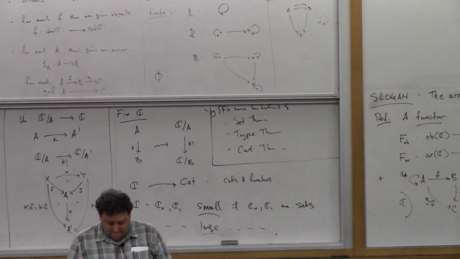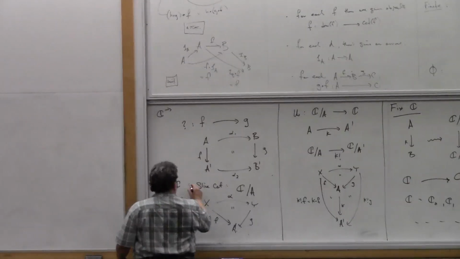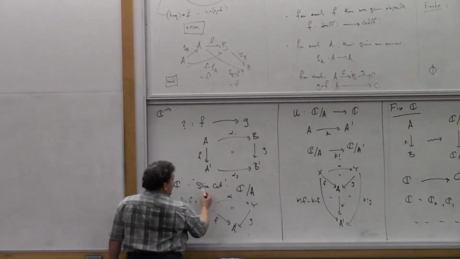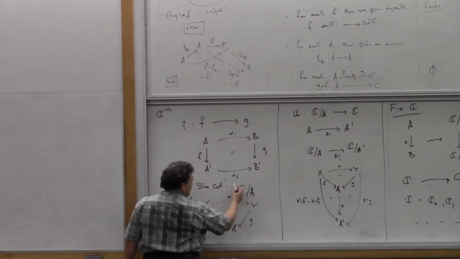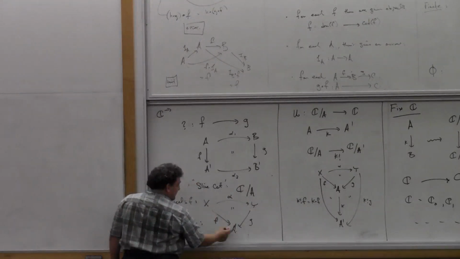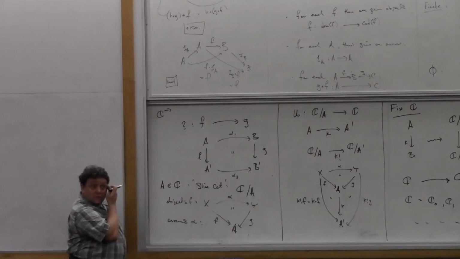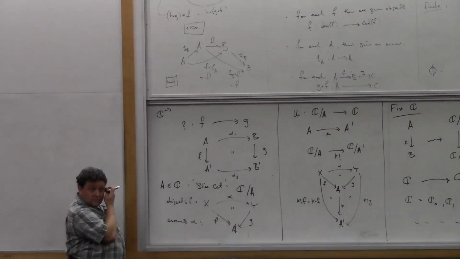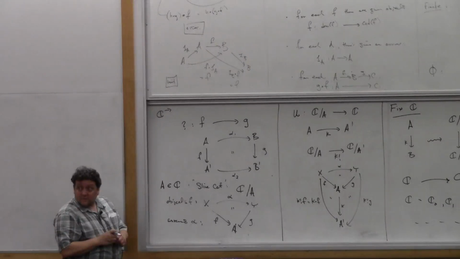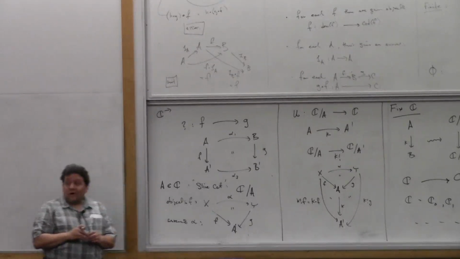Sliced over A means we don't use stuff from A? No, it's just a word. The objects of this category are arrows in C, so arrows the codomain of which is A. So the arrows in the slice are a subset of the arrows in C, if it's small.